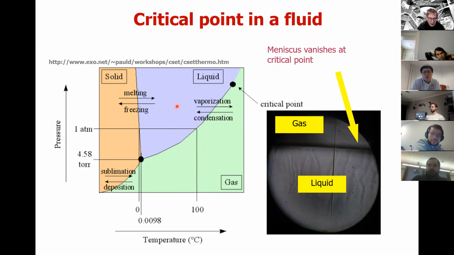So if I start off with a liquid, I increase the pressure, so I go up to here. I increase the temperature, so I go up to here, and then I decrease the pressure, so I go down to here. I can go to liquid and gas without going through this first order phase transition, without ever seeing a meniscus.